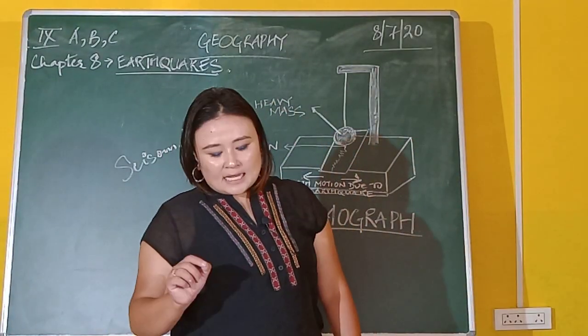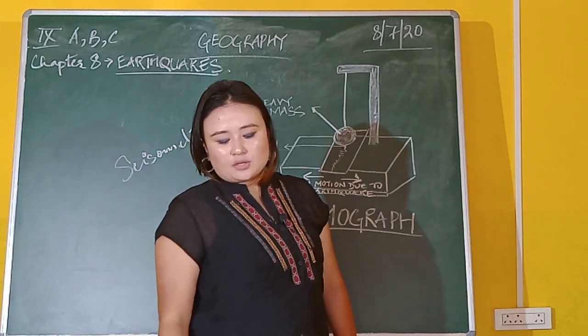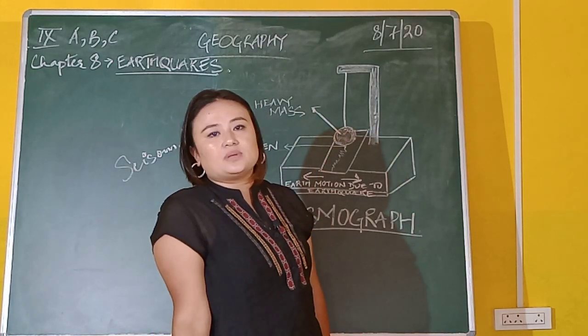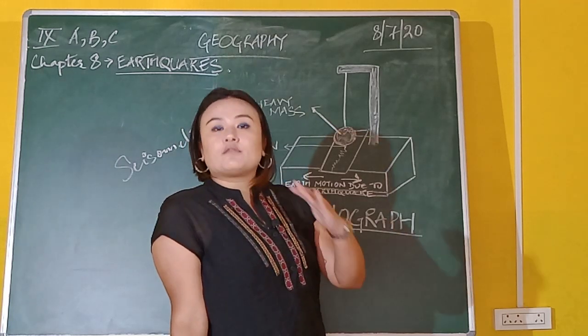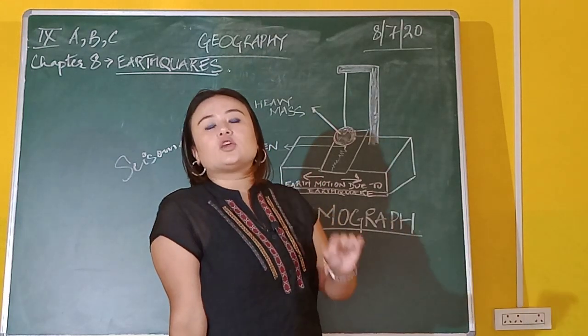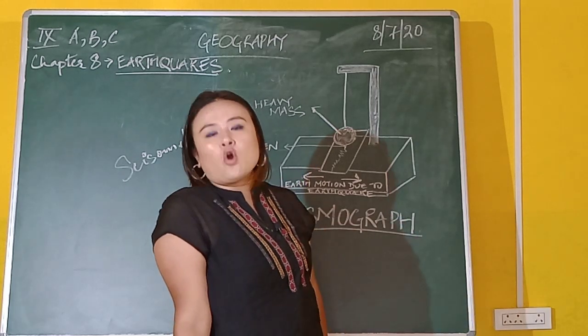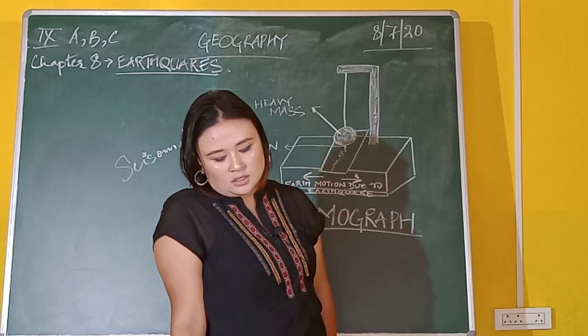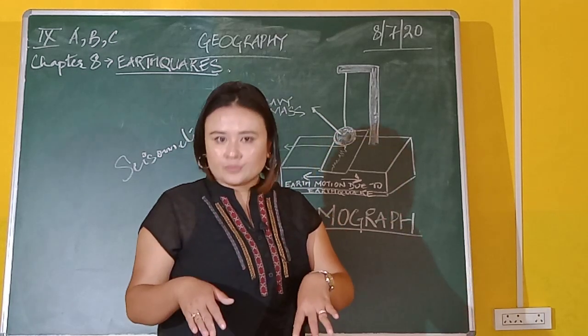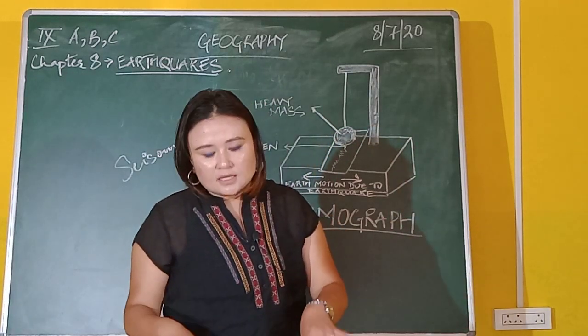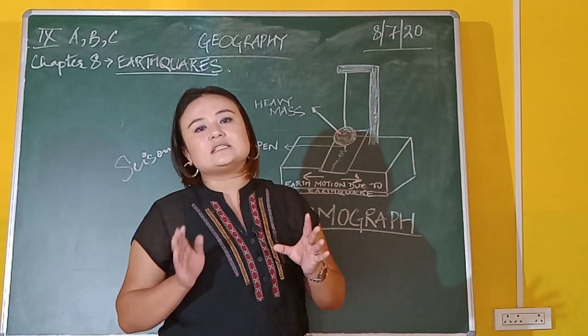The interval is then used to calculate the distance between the recording station as well as the epicenter. Now epicenter is also very important because vertically above your seismic focus, the point where your seismic waves are originating, on the surface you have the epicenter. Okay, so the distance between the recording station where you are recording the earthquake and your epicenter is recorded here in an interval.